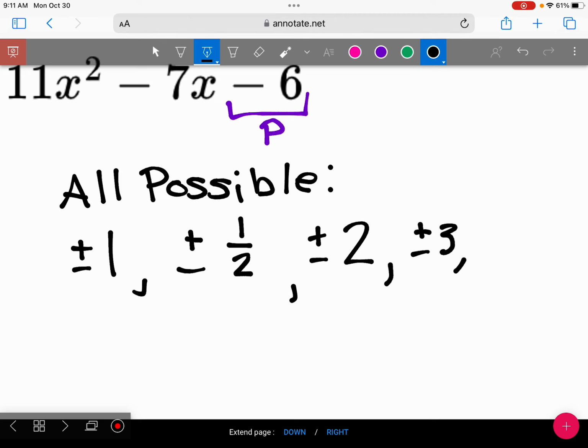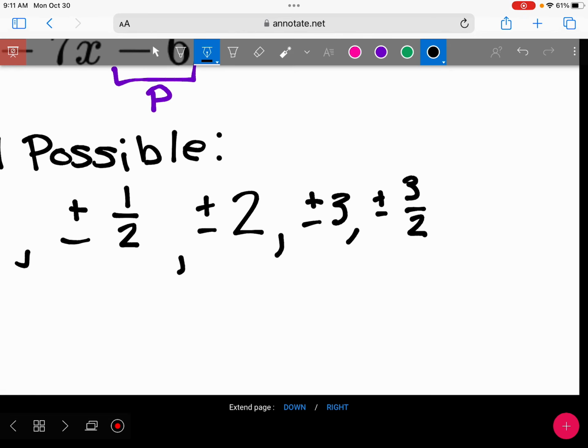Do I have that in my list yet? Nope, so we're going to put that one in. So then we're going to do 6 over 1, so plus or minus 6. And then 6 over 2, which is 3, which I already have.